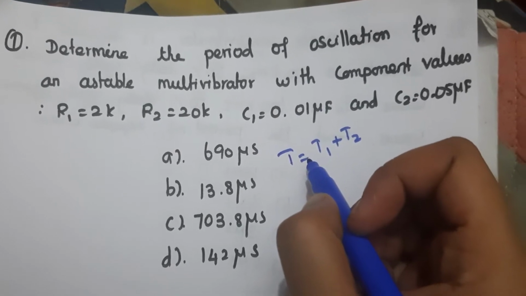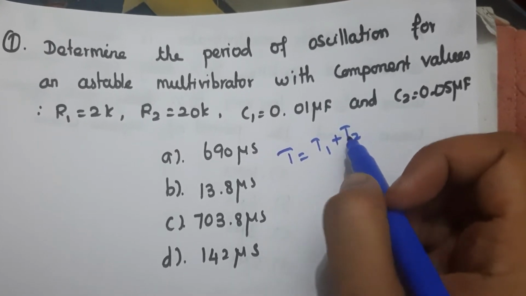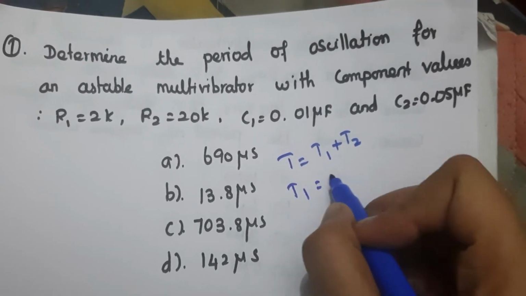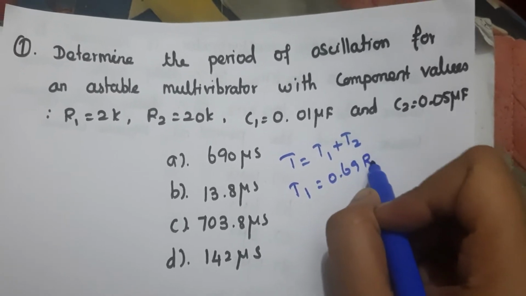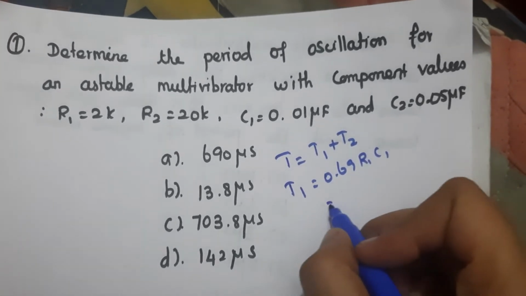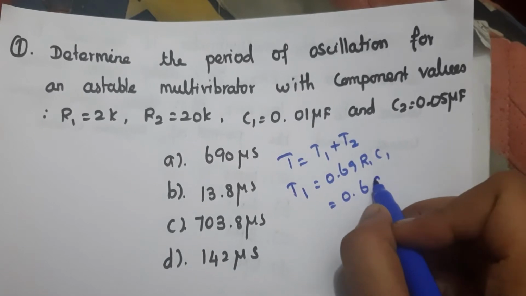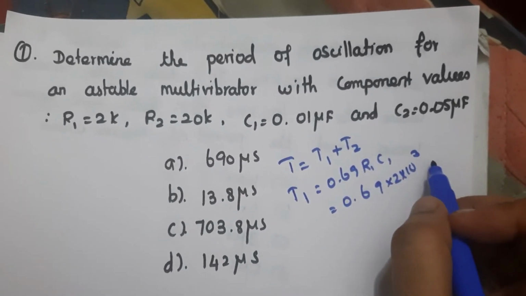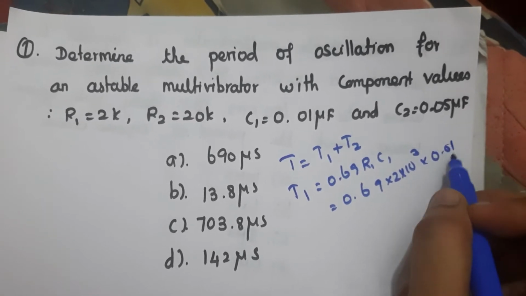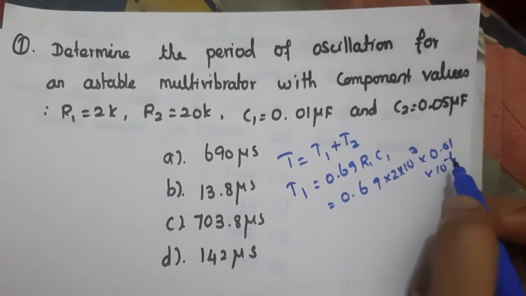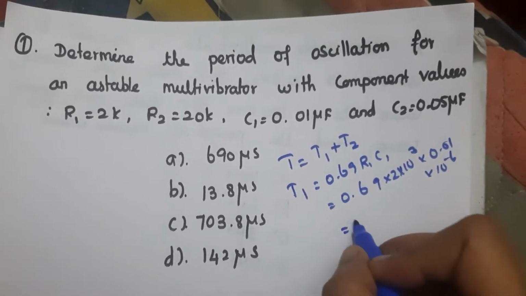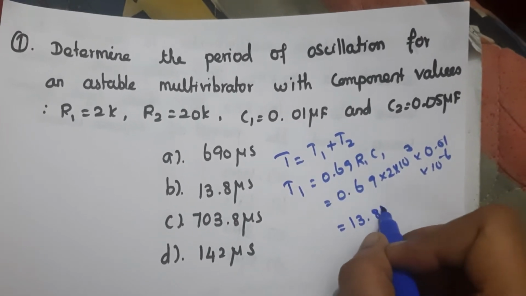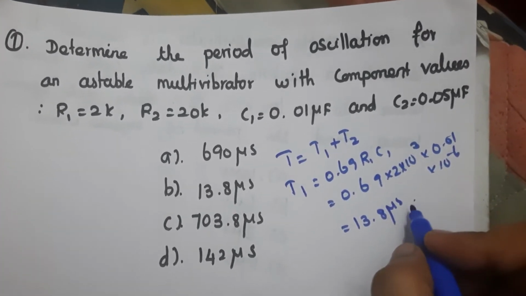So the total time period T is equal to T1 plus T2, and here T1 is equal to 0.69 R1 C1. Here the R1 value is 2K and the C1 value is 0.01 microfarad. Solving this we will get 13.8 microsecond.